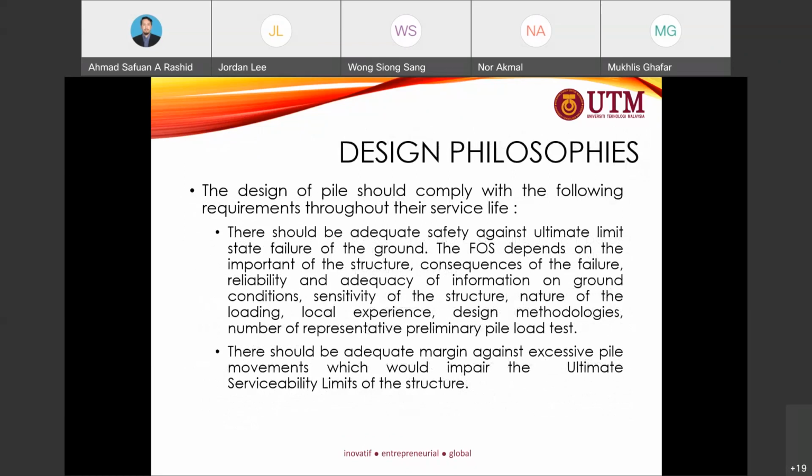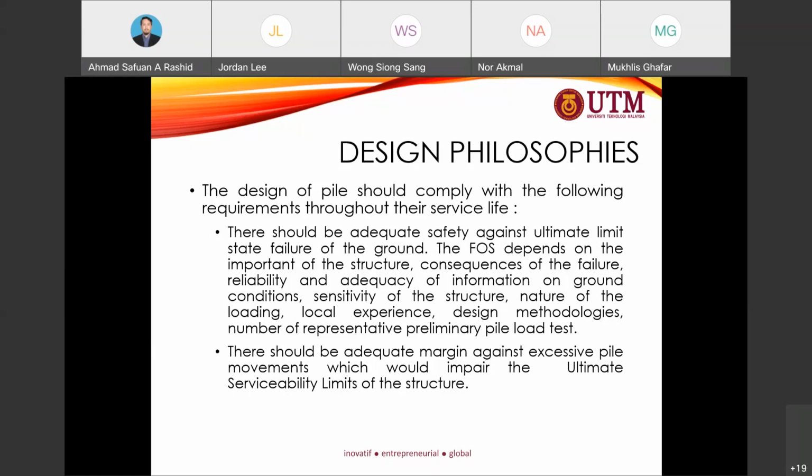The design of pile should comply with the following requirements throughout their service life. There should be adequate safety against ultimate limit state failure of the ground. The factor of safety depends on the importance of the structure, consequence of the failure, reliability, adequacy of information on ground condition, sensitivity of the structure, nature of the loading, local experience, design methodology, and number of representative preliminary pile load tests.